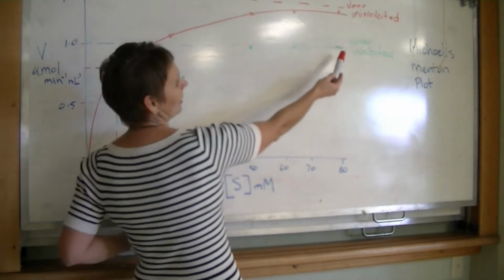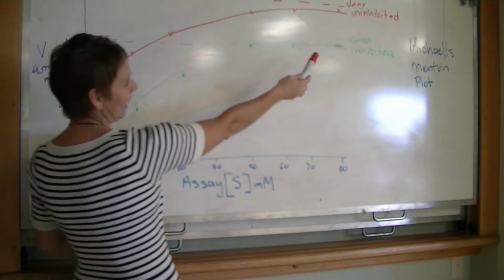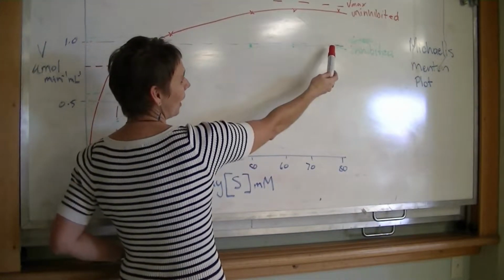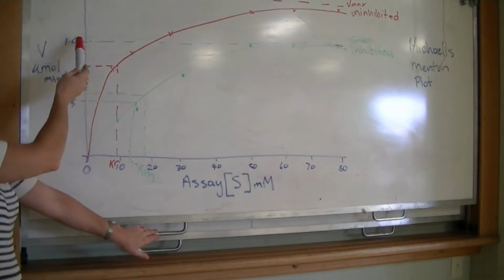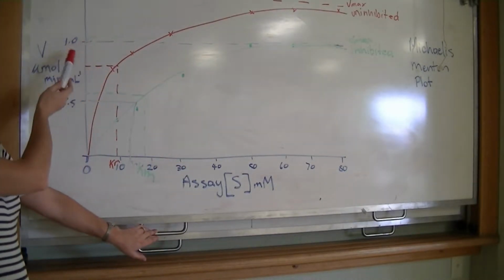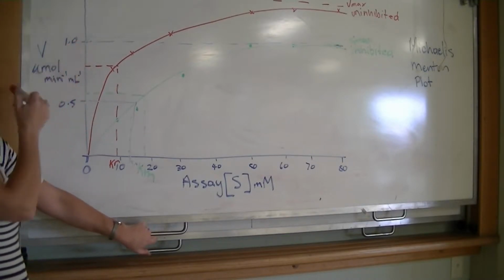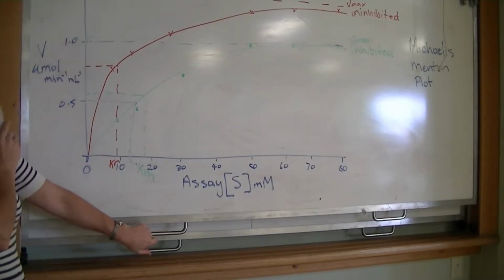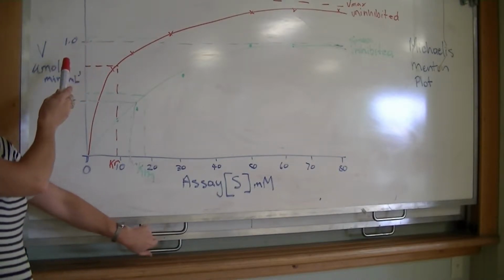So Vmax, I've got marked here with this line where the top of your graph starts to plateau off. Come across to the y-axis, and in the case of the scale that I've drawn this on, that comes to 1 micromole per minute per mL. That's our Vmax number.